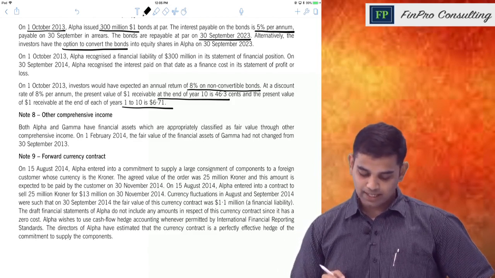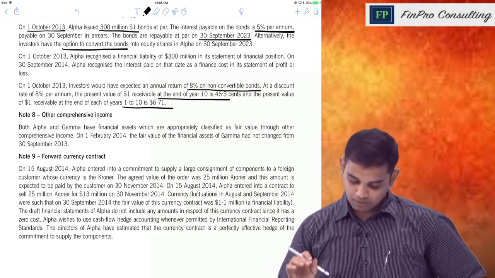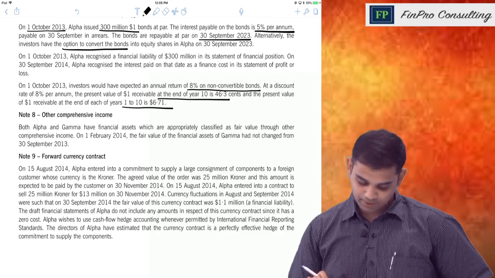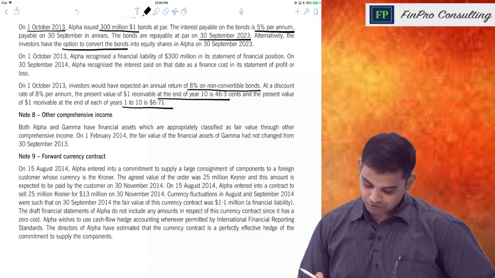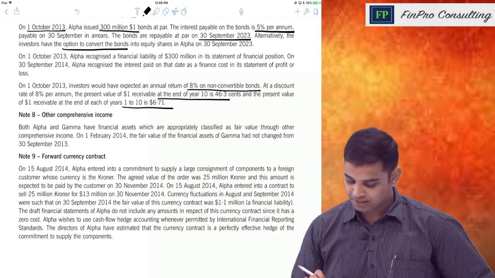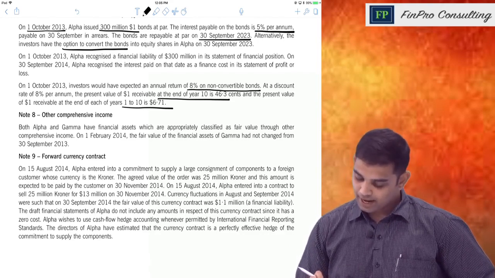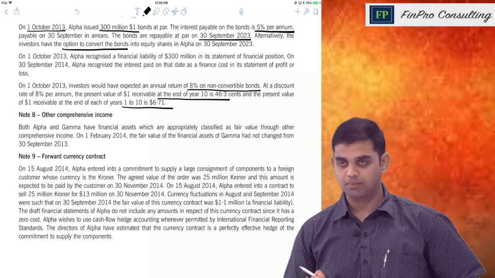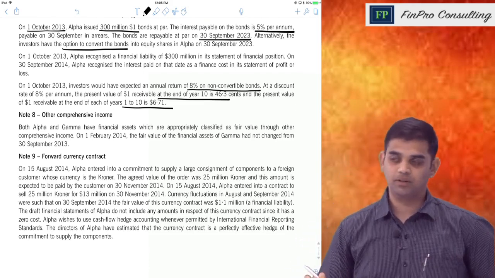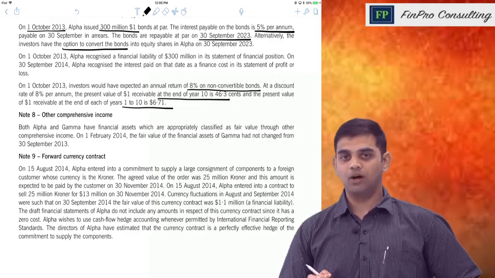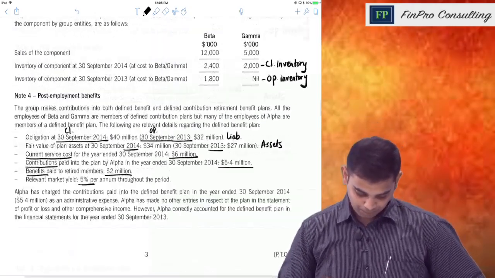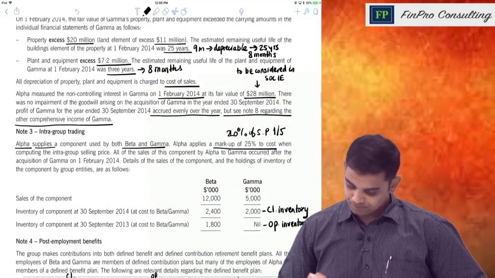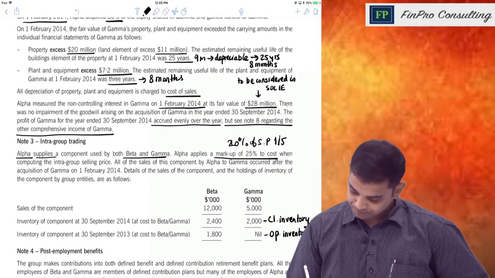Note 8, other comprehensive income. Both alpha and gamma have financial assets which are appropriately classified at fair value through other comprehensive income. On 1st February 2014, the fair value of the financial assets of gamma had not changed from 30th September 2013. Now you have to link it with this note number 2, this sentence.